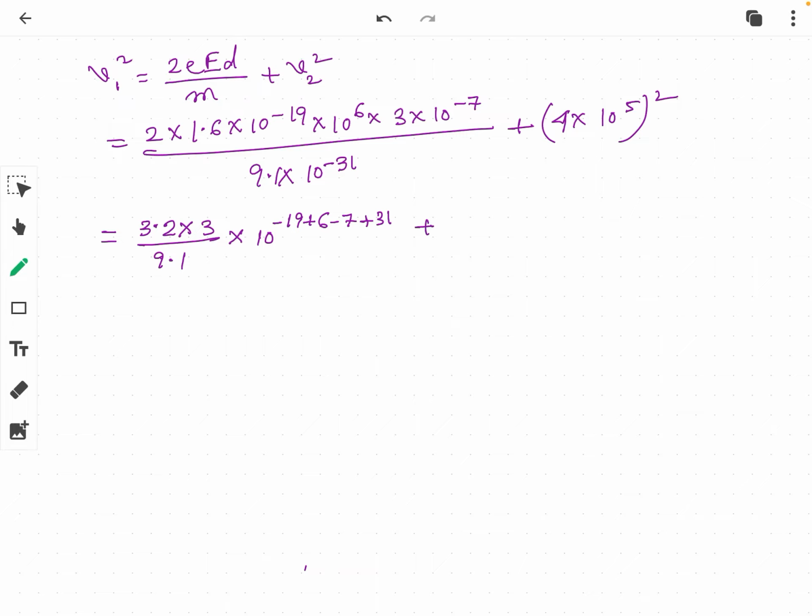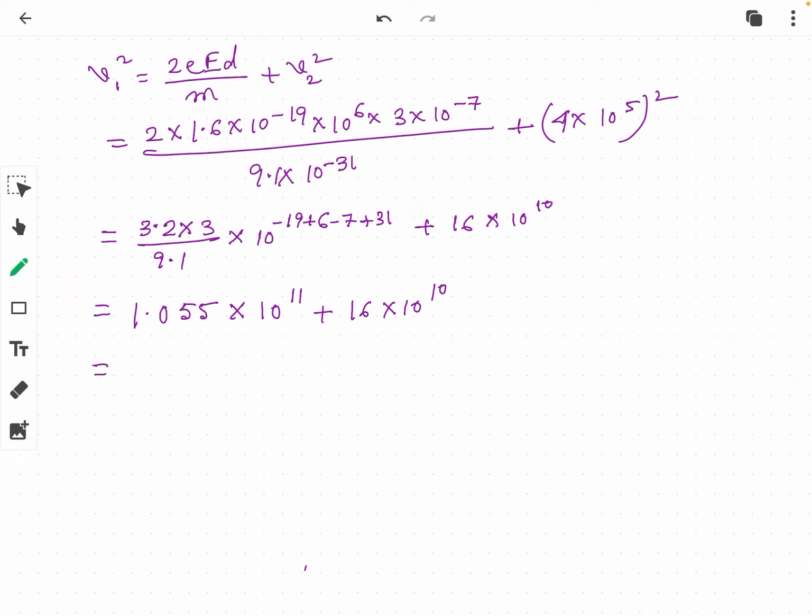Plus 4 into 10 to the power 5 whole square, 4 square is 16 into 10 to the power 10. 3.2 into 3 by 9.1 is 1.055, into 10 to the power minus 19 plus 6 minus 7 plus 31, so it is minus 20 plus 31, that is plus 11, plus 16 into 10 to the power 10.